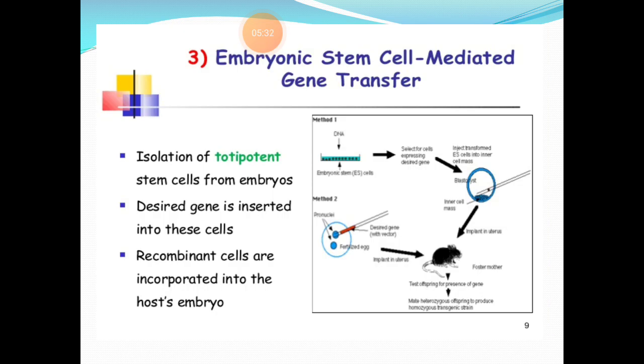So this is another slide which gives you the gist of embryonic stem cell mediated gene transfer. What is done? Isolation of totipotent stem cells from embryos or blastocysts, and into these cells you are going to insert the desired gene, and recombinant cells are incorporated into the host embryo, and that's how the defect is corrected.